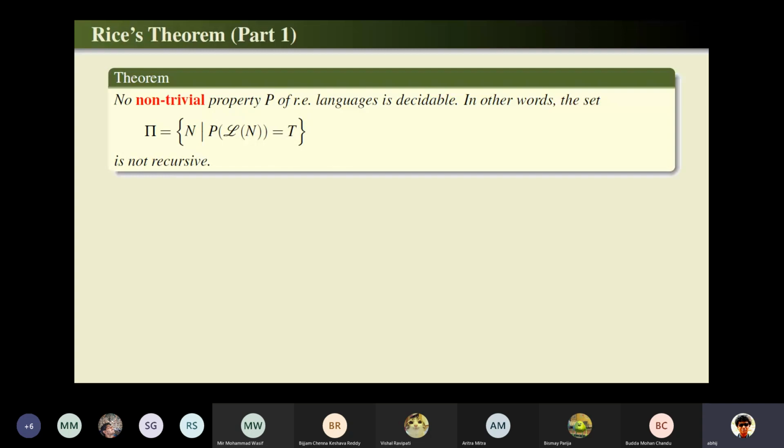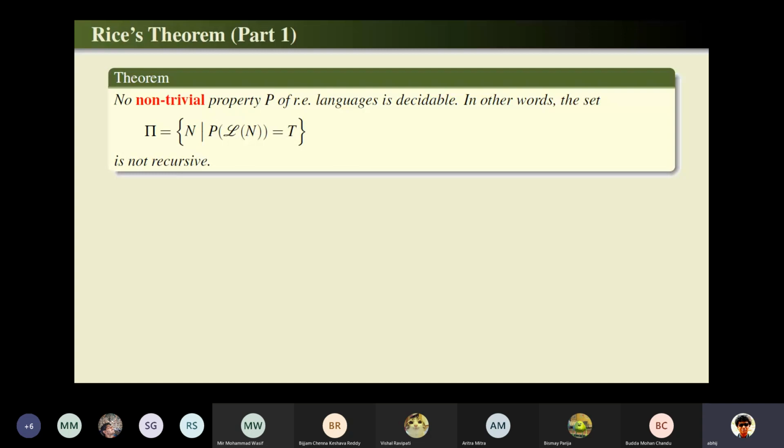So it's a very powerful statement. It says that you take any non-trivial property of RE languages, it is not decidable. So no non-trivial property of RE languages is decidable.